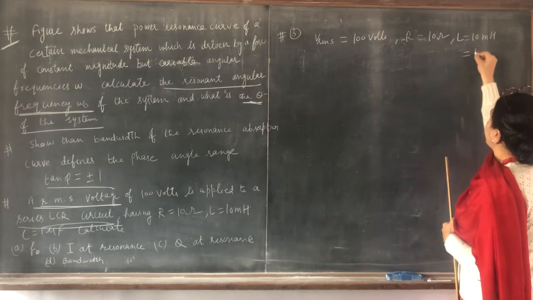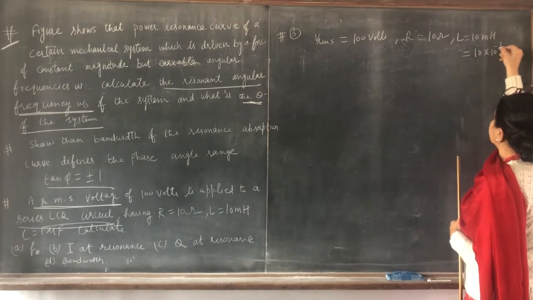Convert it into henry: 10 into 10 raised to power minus 3 henry.